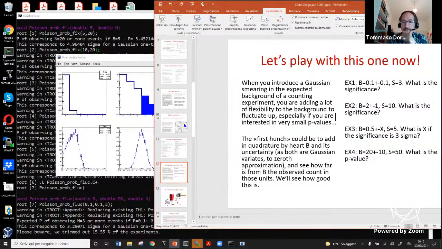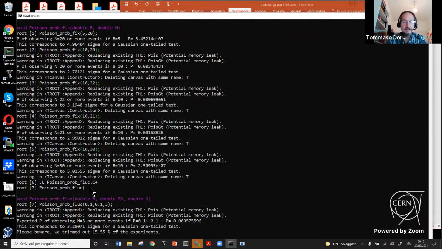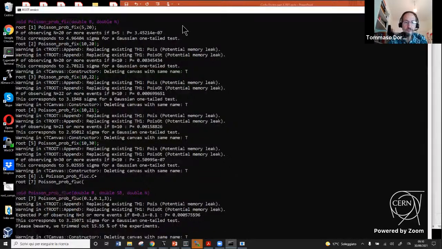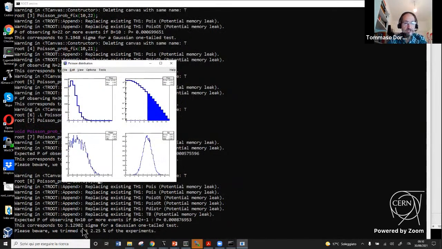Second example, B is equal to 2 plus or minus 1, and signal is 10. What is the significance? Let's try it. 2 plus or minus 1, so 2, 1, and 10. This time we have 3.1 sigma.